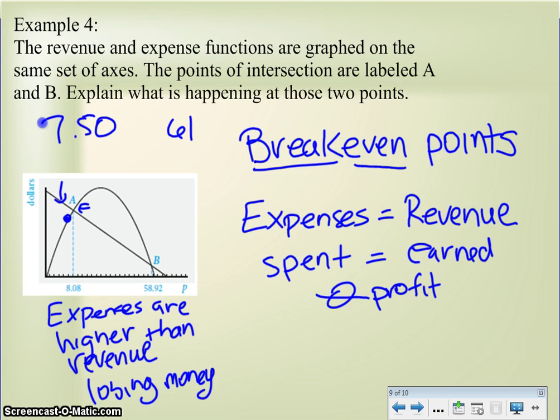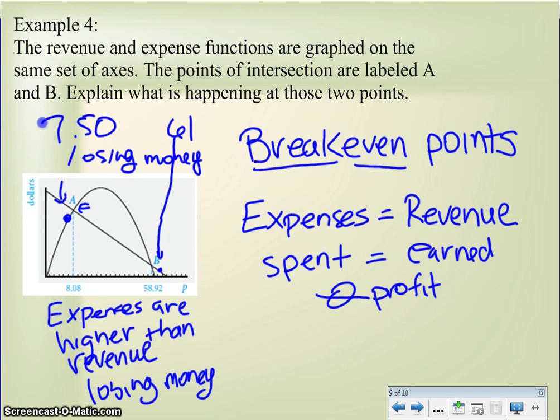And subsequently over here on this side, 61 is about right there. Again, it is lower than that revenue curve. And so both of these situations are cases where the company is losing money. So that is why it is not beneficial.